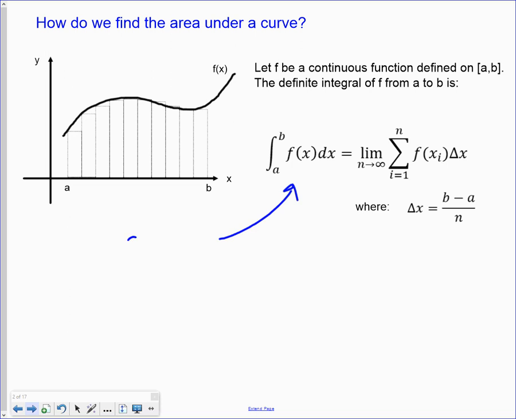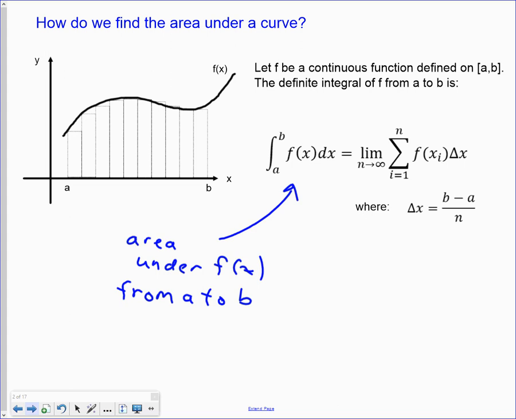And this represented the area under f at x from a to b. Now, we've got some nice symbol there to represent the area. We still don't have a good method for evaluating that integral or evaluating that sum when we're taking the limit as n goes to infinity there.